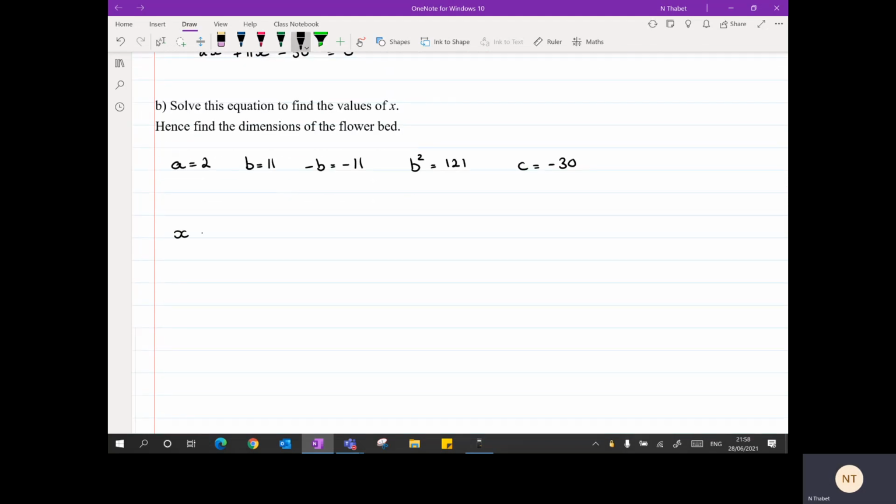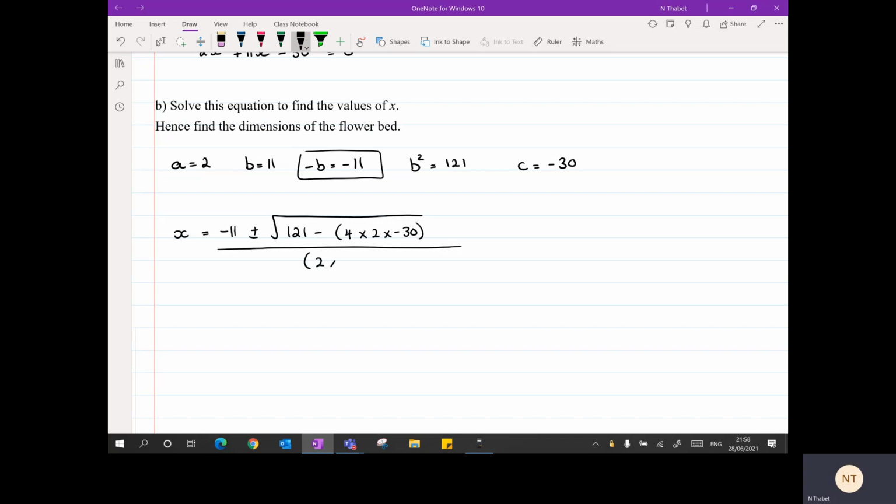So x is, I start with negative b, which is negative 11, plus or minus square root 121 minus 4 times 2 times negative 30, all divided by 2a, which is 2 times 2.